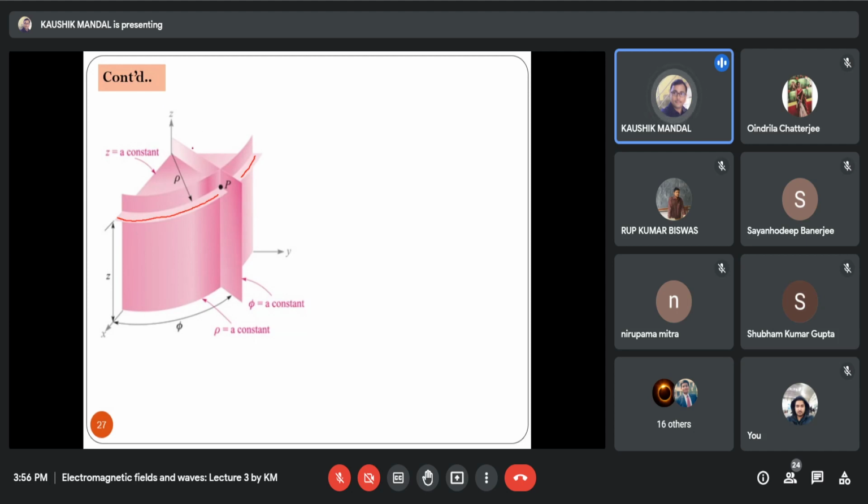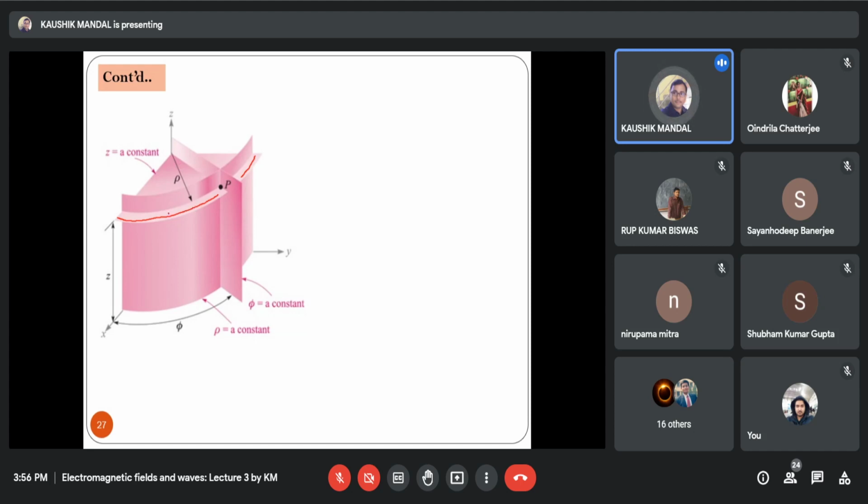The radius of the corresponding cylinder is rho. Now we consider the top of this cylinder. It is better to consider some container. This is the top of the container. This is the bottom of the container.